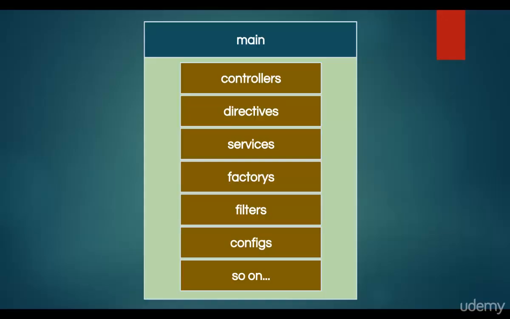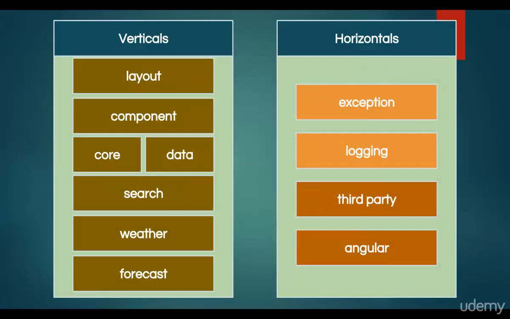I usually divide my application into modules so that I can easily distribute them within the team, and each developer can focus on their own module. So I usually divide my application into 2 different categories of modules. Verticals are dedicated modules, I mean they're specific to this application, and horizontals are cross-cutting concerns which can be reused in other applications as well.